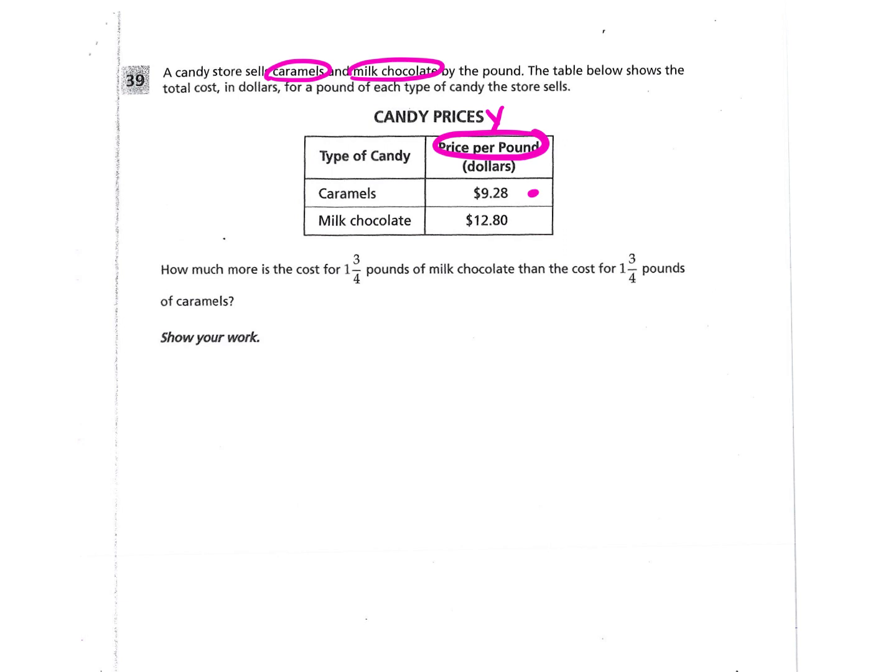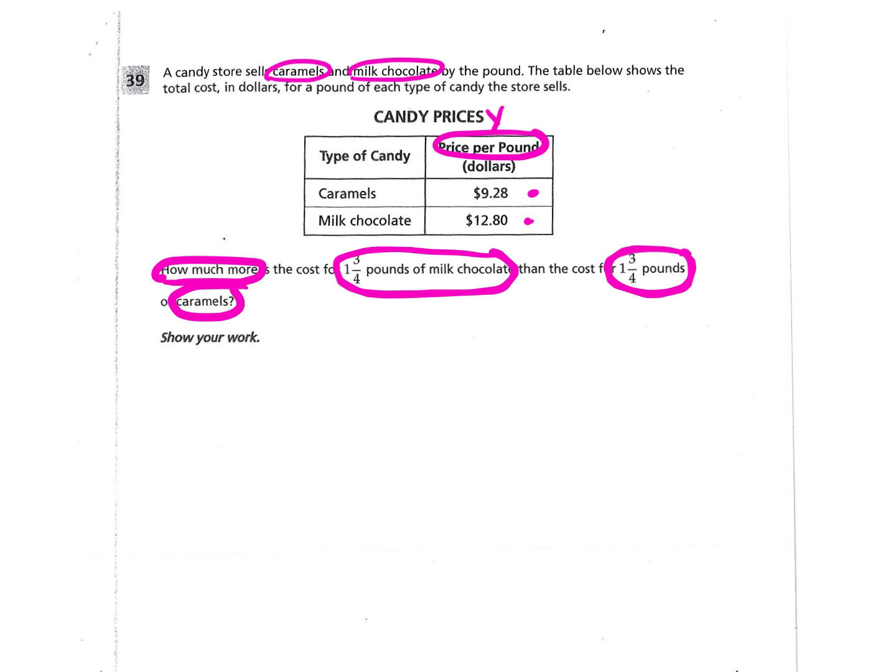That's the unit rate. And for milk chocolate, it's $12.80 per 1 pound. It states how much more is 1 3/4 pounds of chocolate than the cost of 1 3/4 pounds of caramels. Show your work.